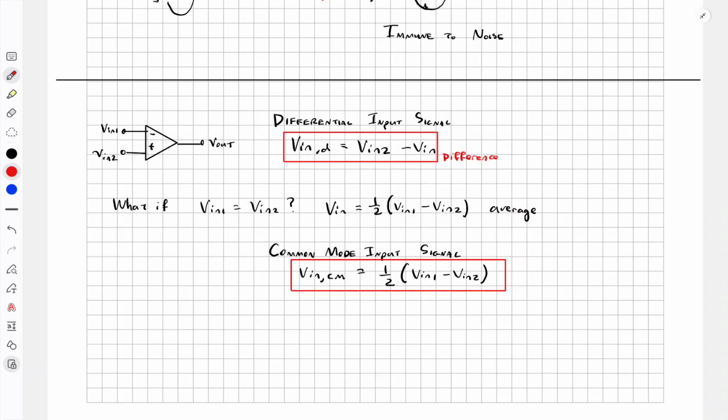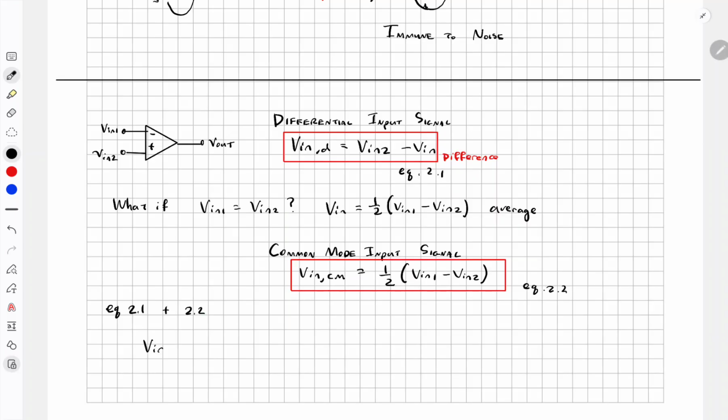Now, in the textbook, the differential input signal is equation 2.1, and the common mode input signal is equation 2.2. If you combine equation 2.1 with 2.2, you can write V in 1 and V in 2 in terms of the common mode and differential signal.